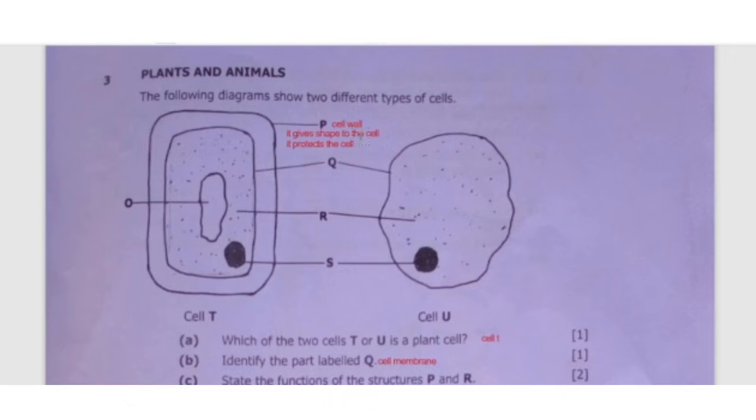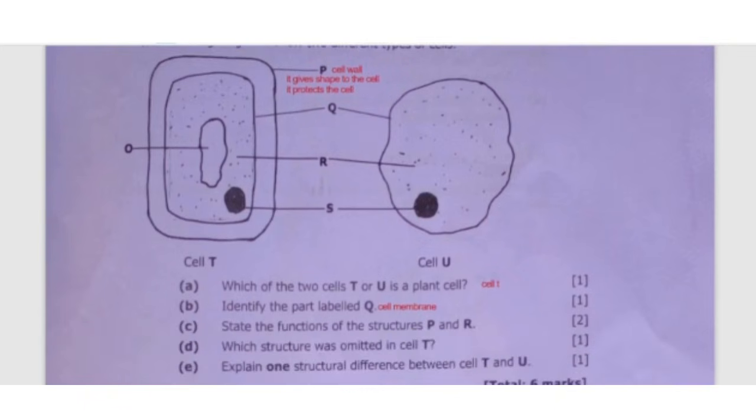Now that is P. The question is asking us to find the function for P and R. So here you just pick one. You either pick it gives shape to the cell, or you pick it protects the cell. Any of the two, you remember in exam, write it as the function of a cell wall.